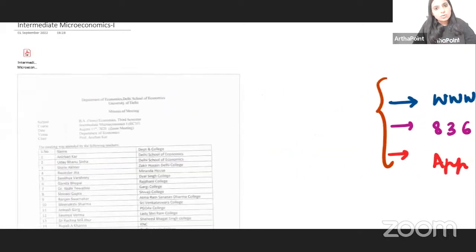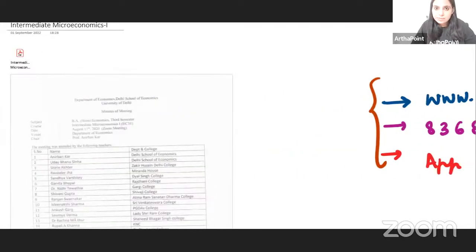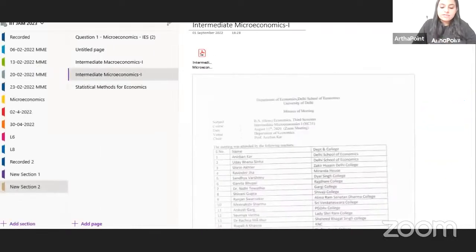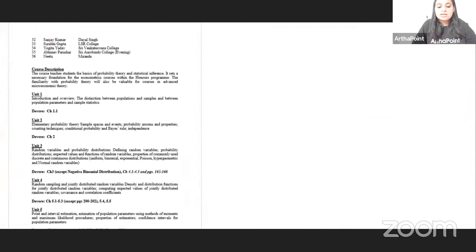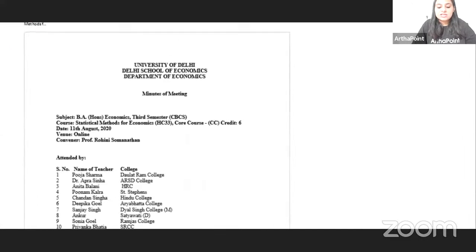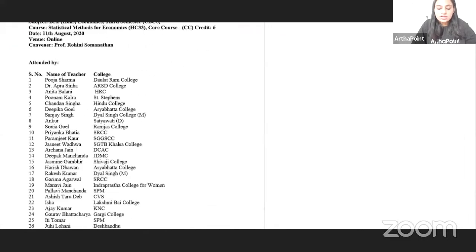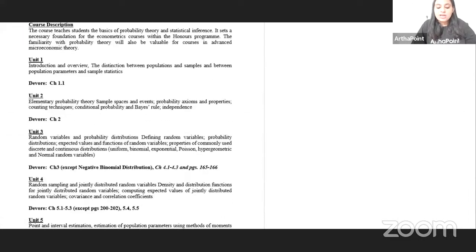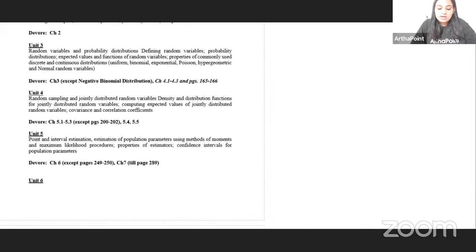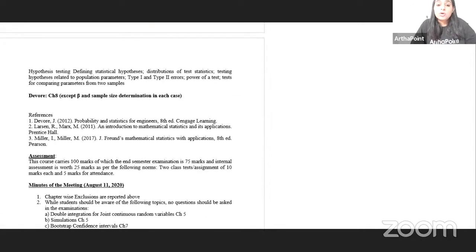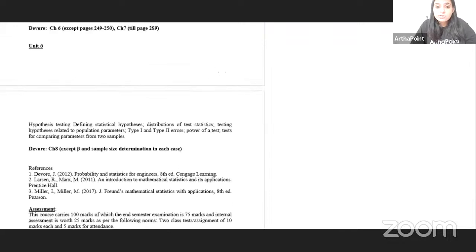This is the second course that you have to take. The third that we have is actually statistics, right? And when it comes to stats, there are a huge number of units that you have to cover.